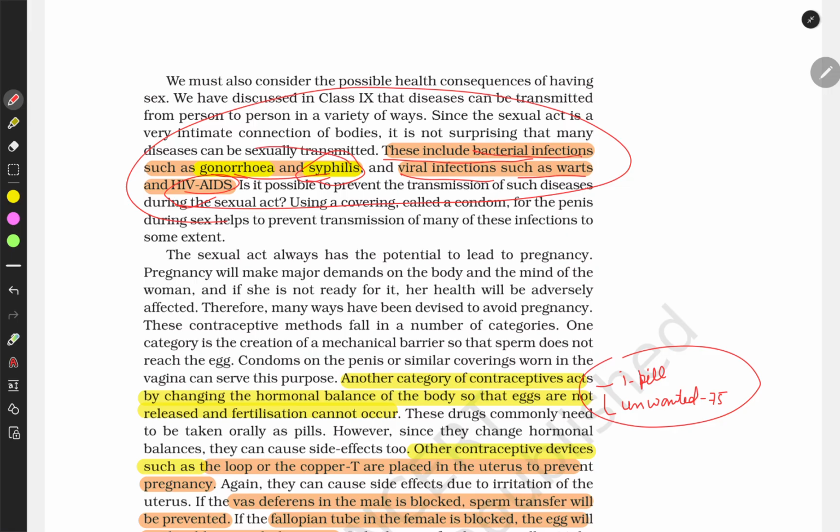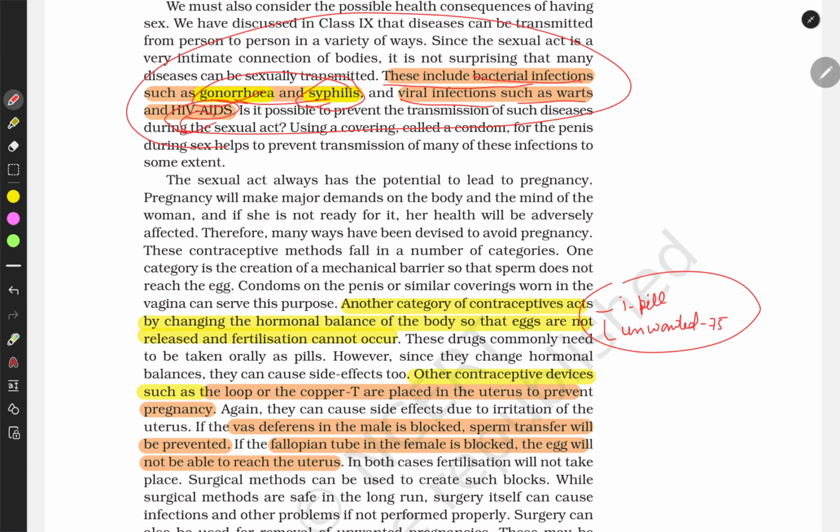So these two are bacterial, and this one is viral. These are the pathogens which can pass from one body to another during sexual interaction.